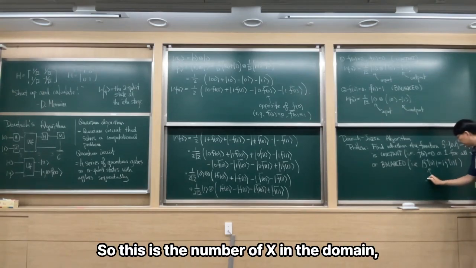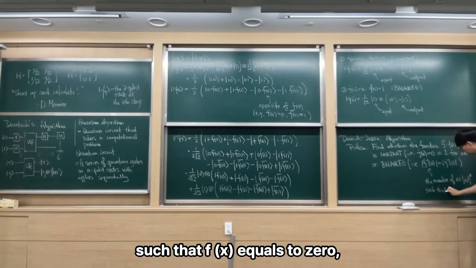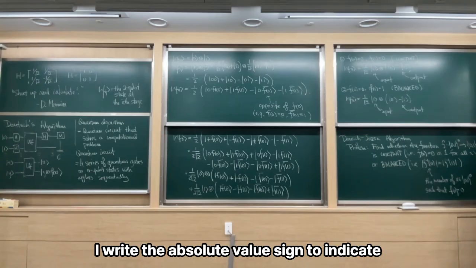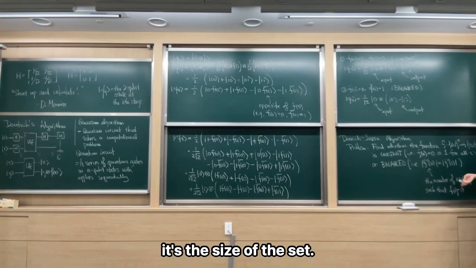This is the number of x in the domain such that f of x equals 0, and same for here. I write the absolute value sign to indicate it's the size of the set.